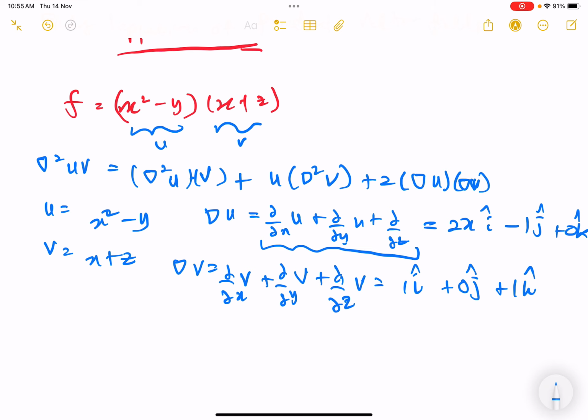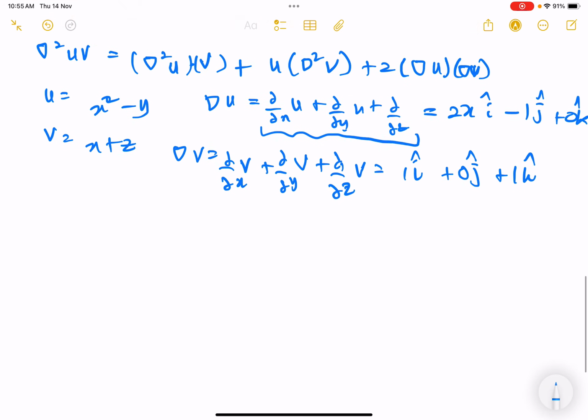So next is to do it in v and u. So what is our u? Laplace of u.